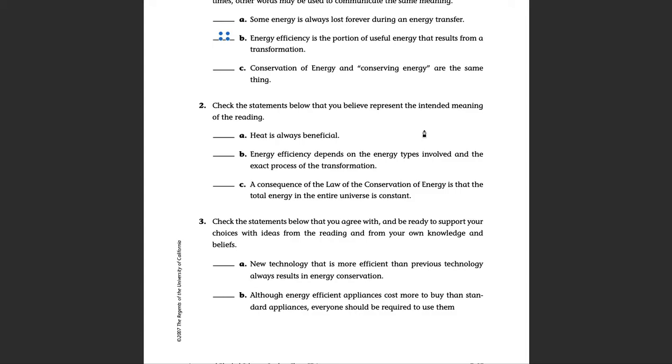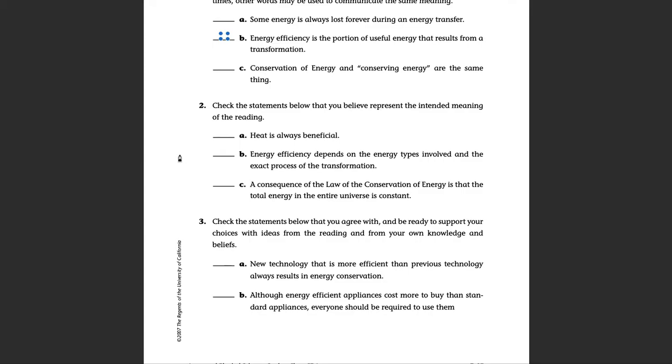Statement B, energy efficiency depends on the energy types involved and the exact process of the transformation. This statement would be correct because the efficiency of something does depend on what energy we're using and what exactly it is that we are doing.